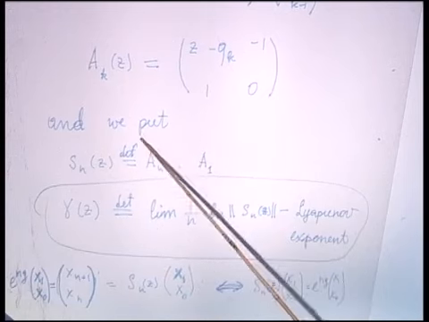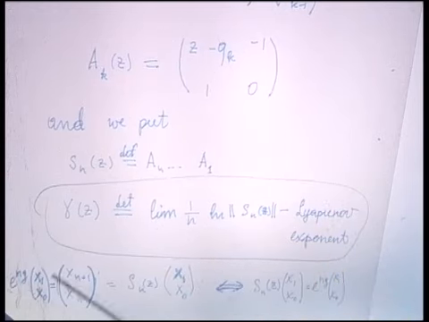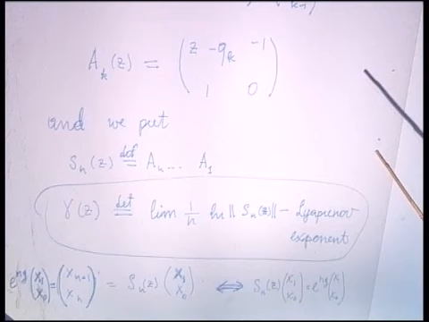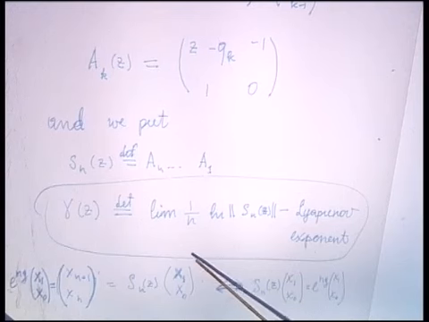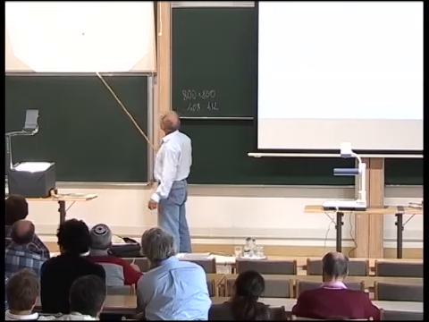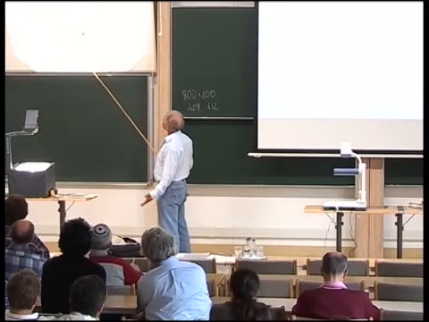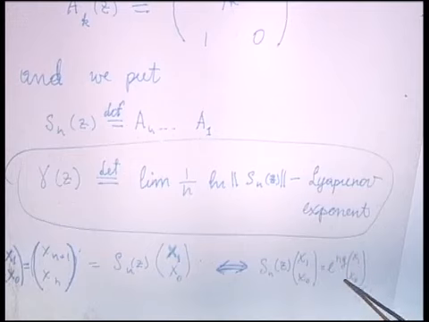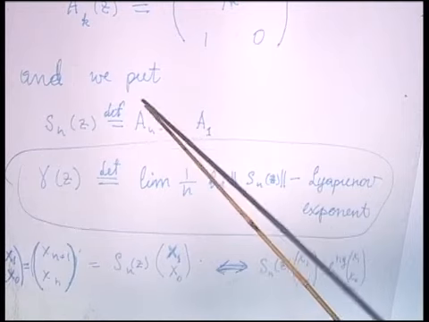So how does this product of random matrices behave? Now, before I go to this, I would like to say that this trivial transformation actually implies the following fact: z is an eigenvalue of the original problem if and only if e to the power nj is an eigenvalue of the product of matrices.